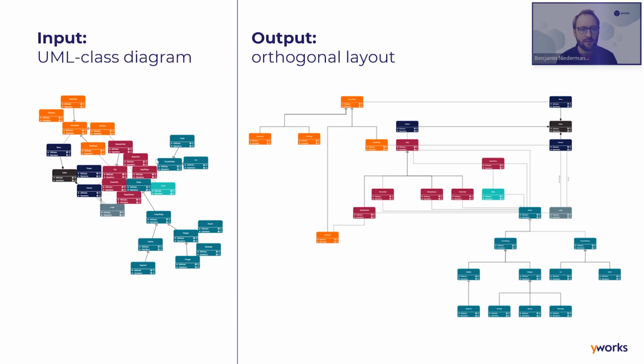And the idea is that at the end we would like to get an orthogonal layout where we have certain properties. So for example, here we have an inheritance structure of the classes, and this should be laid out such that it's in a tree style. And also the distances between the nodes should be appropriate, and there are many different things that you can optimize in this layout, and this should be then the result.